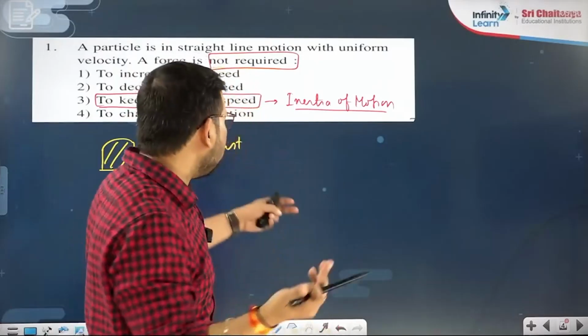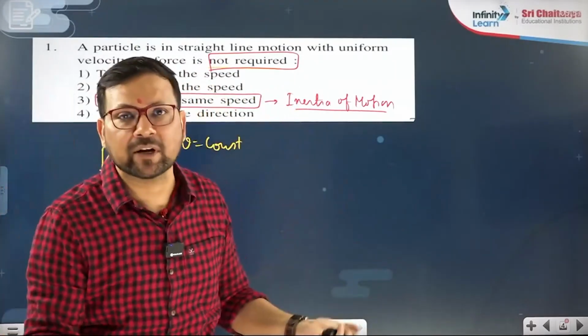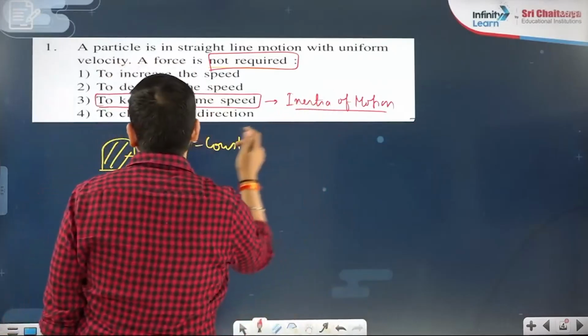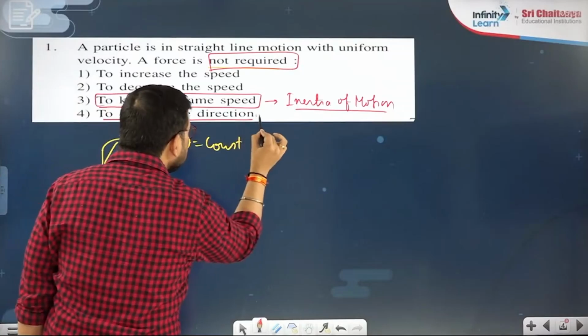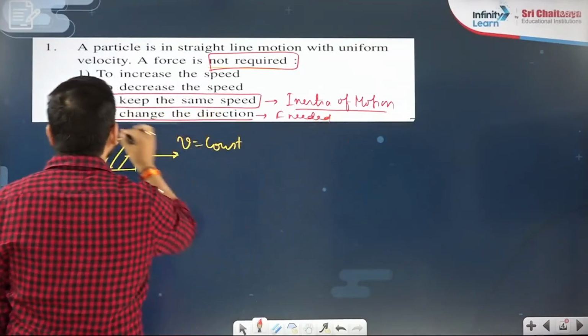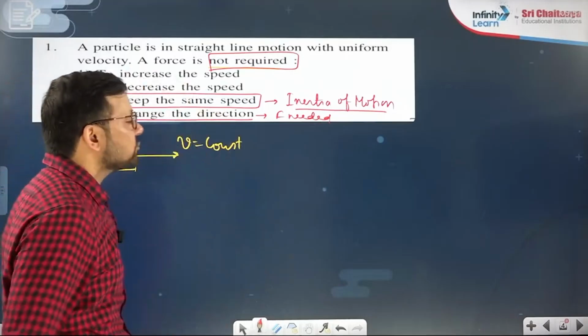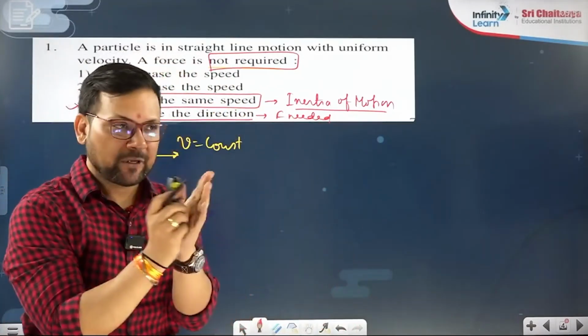No. Then why would I say force is needed? Force not required means inertia change is not required. It means inertia of motion keeps the speed the same. If you change the direction, you need force. Force needed, and the question says force not needed. So which option is there? Third option. Many of you just saw the question and answered it beautifully. Good. Keep it up.